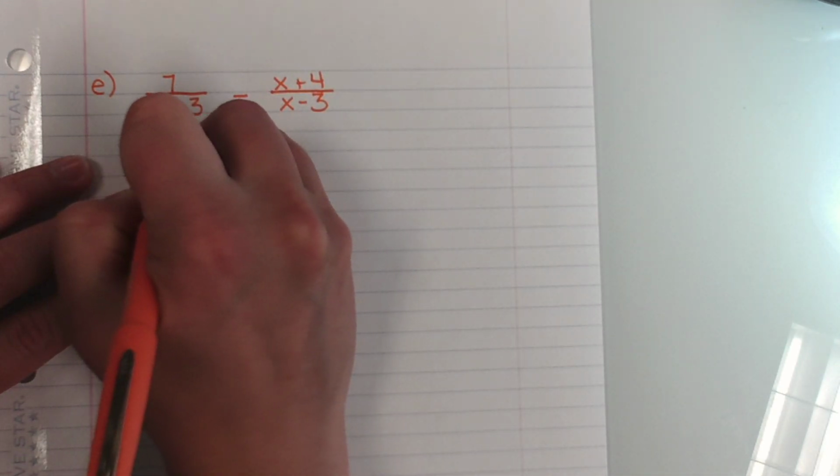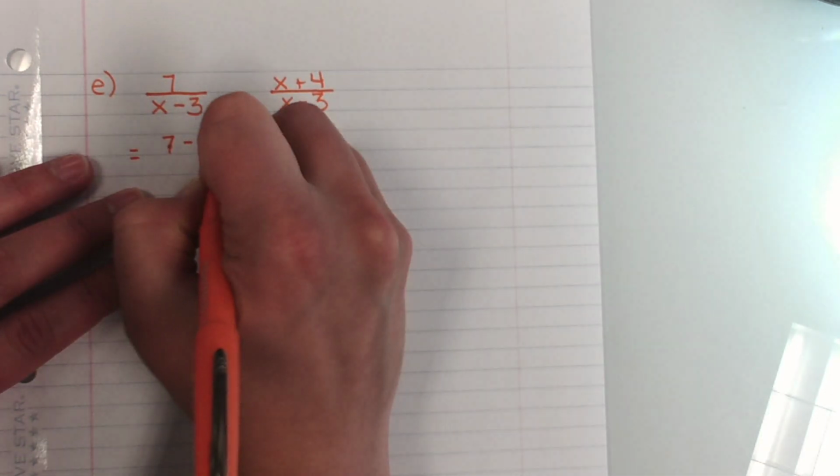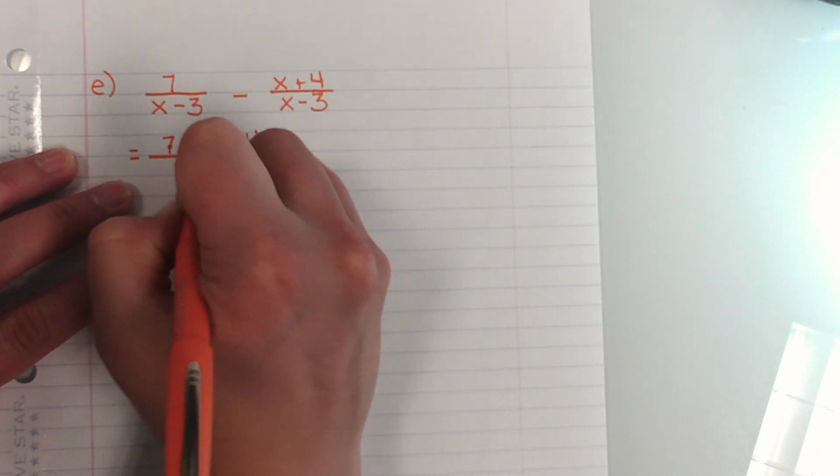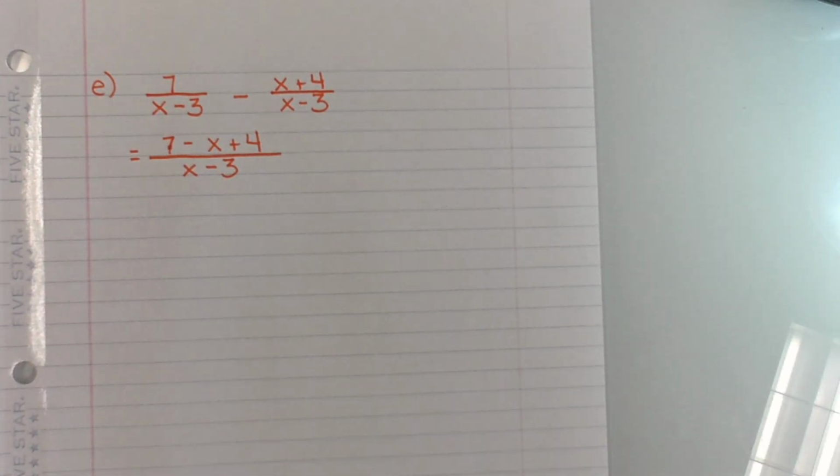Since they already have a common denominator, I subtract. And I combine my like terms. Being careful of what?